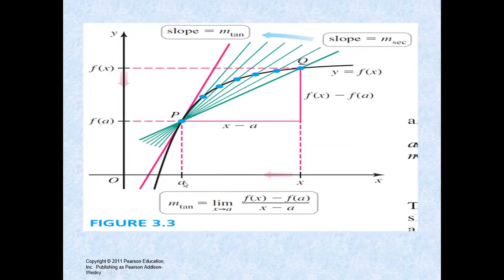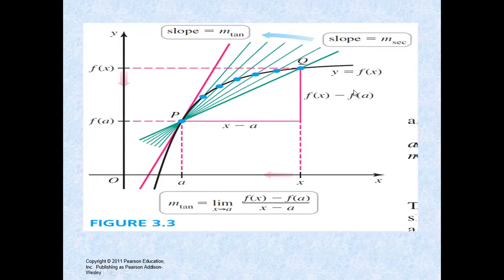So we have on x-axis this point A, and on y-axis we say that this point is f of A. So Q is a point x, but here we have the function of x, because this point x is the independent variable, and this function is a dependent variable because this is a y function.